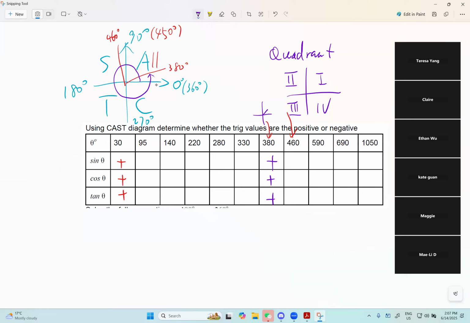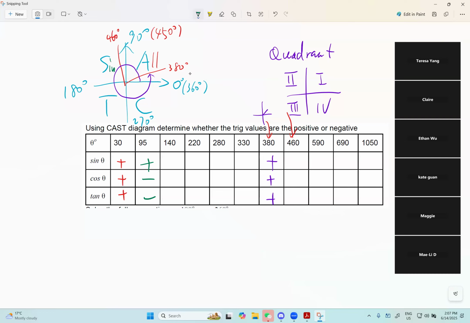Next one. If they inside here only sine positive. So 90 and 180 positive, the other two negative. That's here. And in quadrant 3, only tangent positive, sine cos negative.